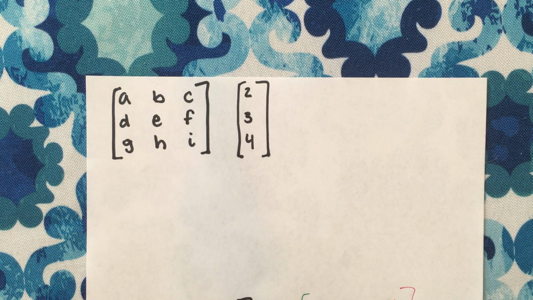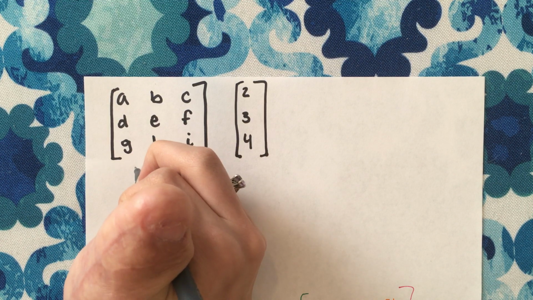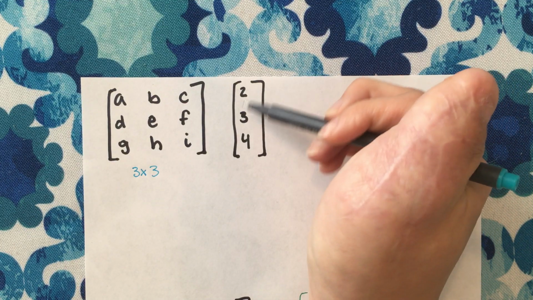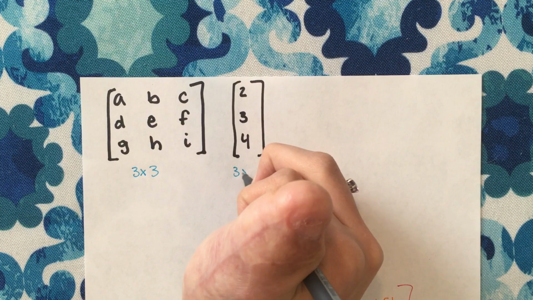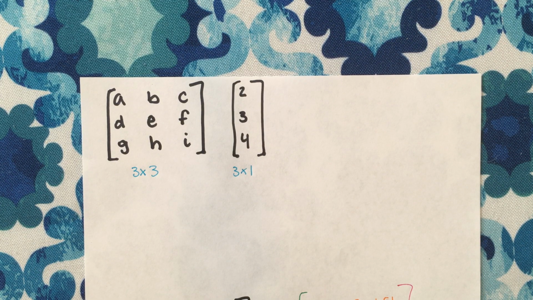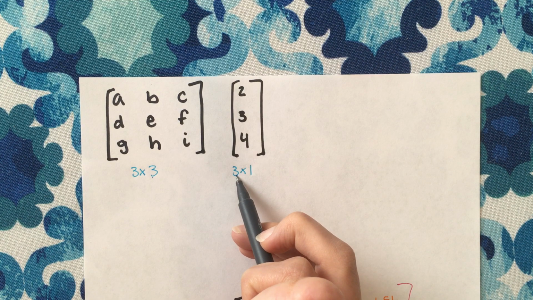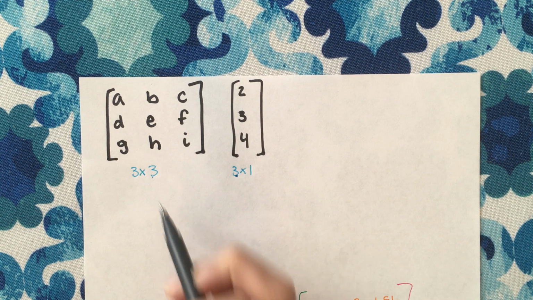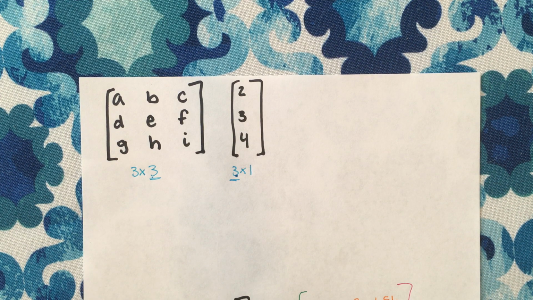So let's write out what the dimensions of this matrix are. Well, it has 3 rows by 3 columns, so 3 by 3. Now the dimensions of this matrix, it has 3 rows and 1 column. So the number of columns here has to equal the number of rows here, which they do. So we are allowed to multiply because this number and this number are equal.